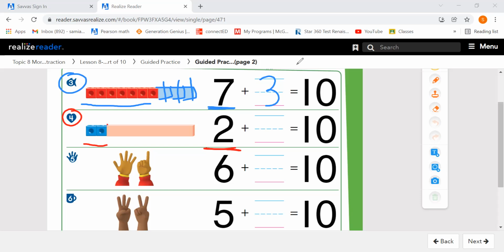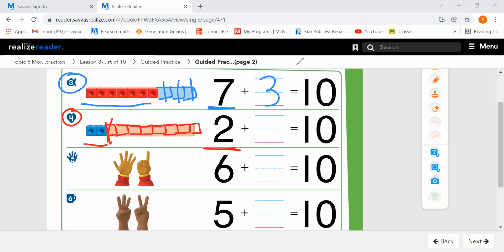2, 3, 4, 5, 6, 7, 8, 9, 10. Let's count how many red cubes we added. 1.